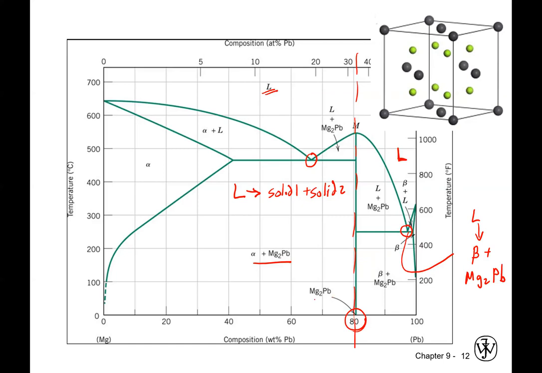So this is 67% magnesium, 33% lead in terms of atom fraction, right? Stoichiometry here. In terms of weight fraction, which is what all our diagrams are going to be in, it's up here more like at 81% lead, since the lead element is so heavy.